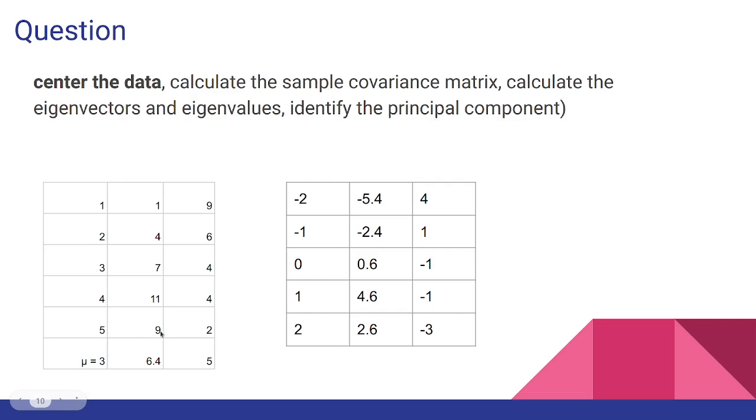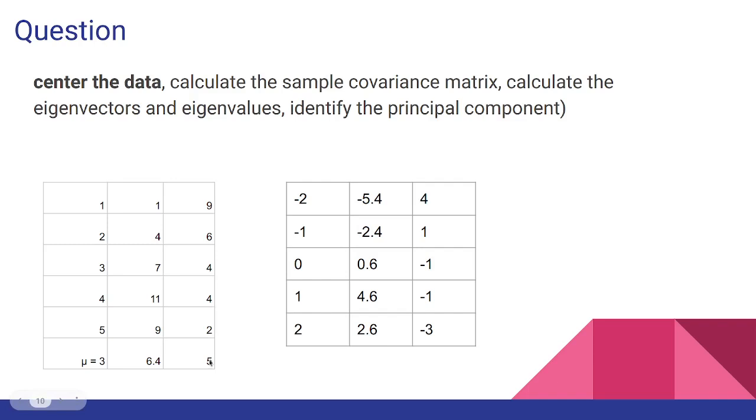Here the summation is 11 plus 9 is 20, plus 7 is 27, plus 4 is 31, plus 1 is 32. 32 divided by 5 is 6.4. Here also 9 plus 6 is 15, plus 4 is 19, plus 4 is 23, plus 2 is 25. 25 divided by 5 is 5.